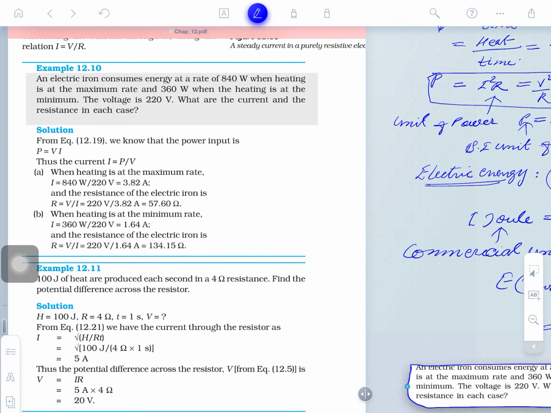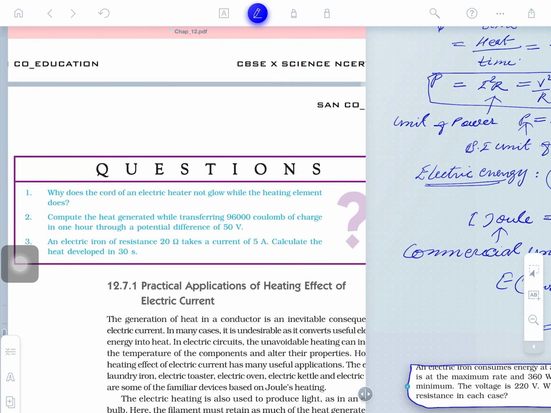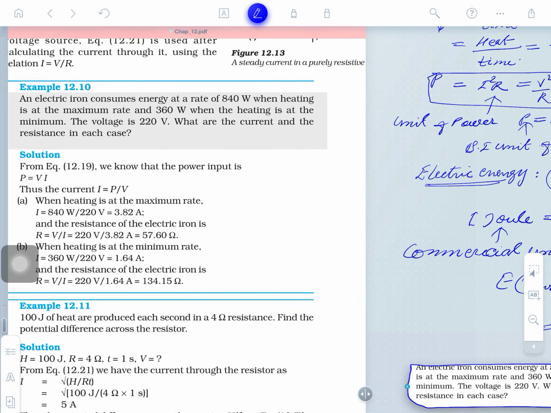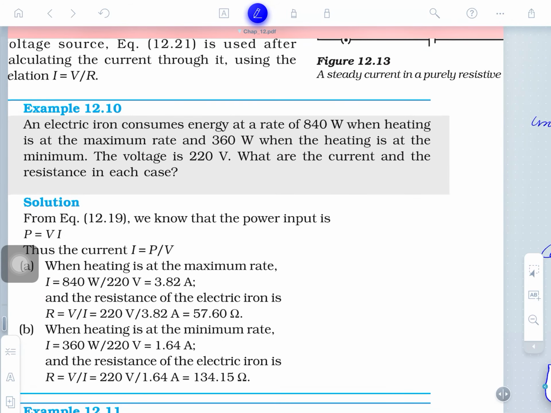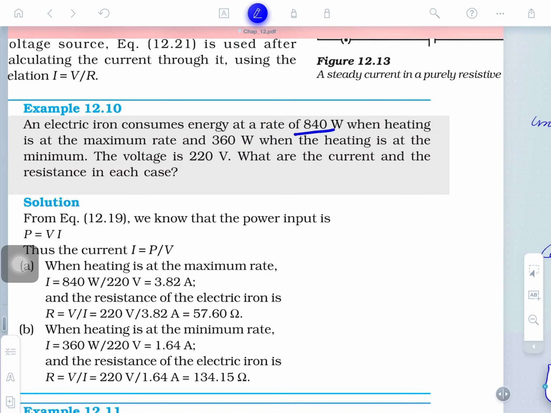Here is the question: an electric iron rated 840 watt. What does this mean? 840 watt rated means this is power.